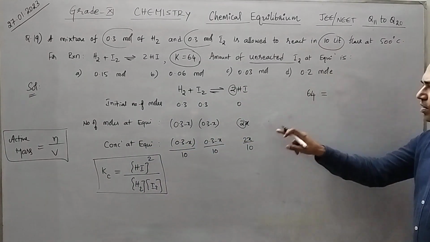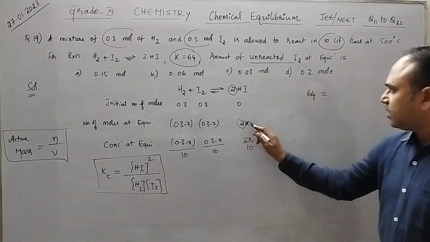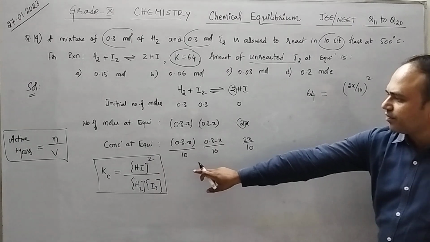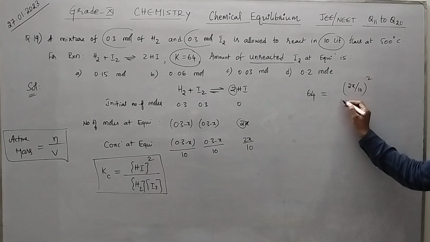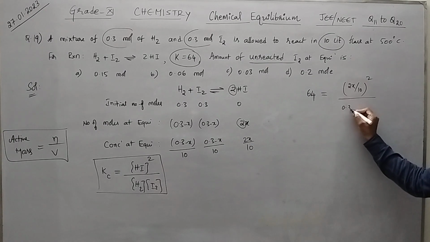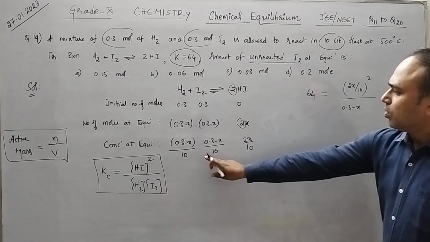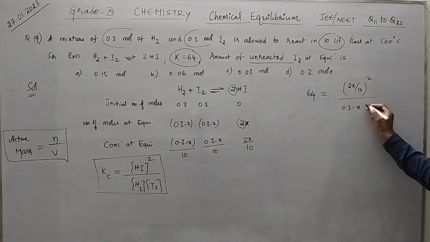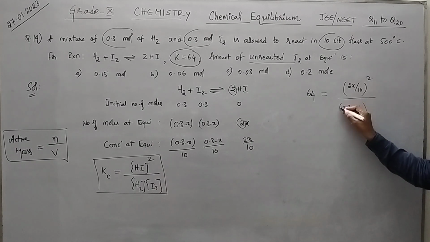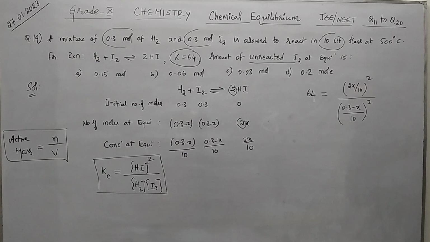Kc 64 is equal to HI concentration, 2x by 10, squared, divided by H2 concentration 0.3 minus x by 10 times I2 concentration, so we can write it as 0.3 minus x by 10 squared. Hope you have understood this.